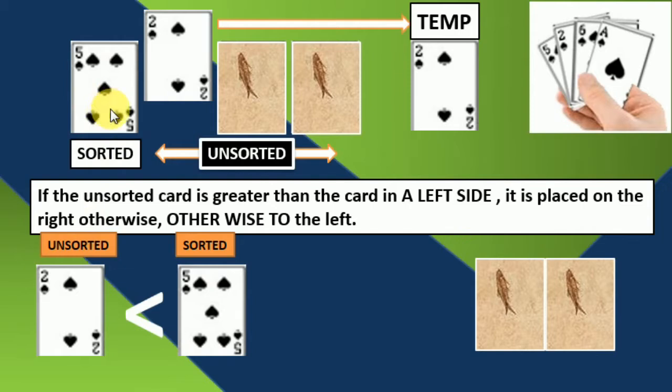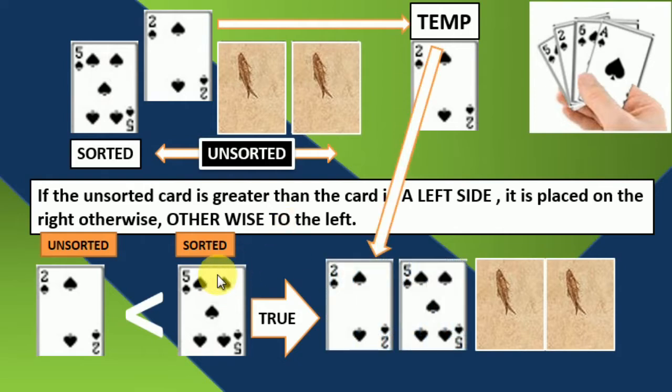There is only one card, so we check whether 2 is less than the sorted card. If the condition is true, that 2 is less than 5, the sorted card is shifted to the right and the unsorted card is placed to the left side. So now 2 is at the left side and 5 is shifted.